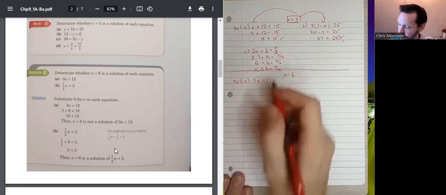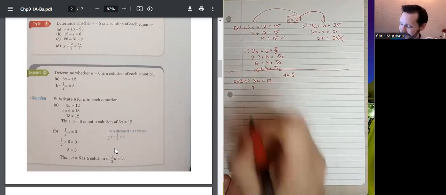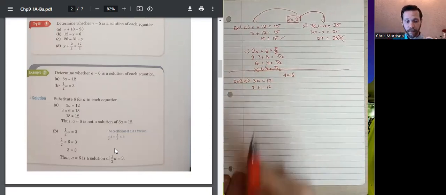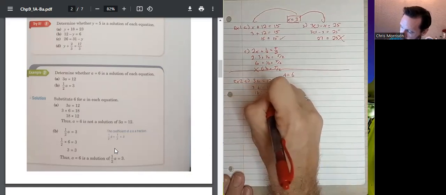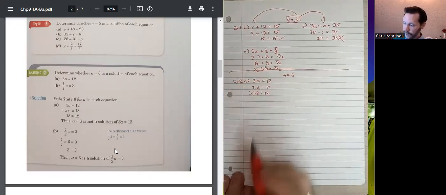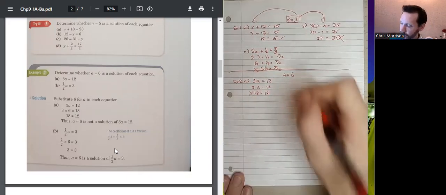I said any letter can be used. So we're going to just rewrite 3 times what? 6 equals 12. And now just solve. What is 3 times 6? 18. Does 18 equal 12? No. So 6 is not a solution for 3a equals 12.